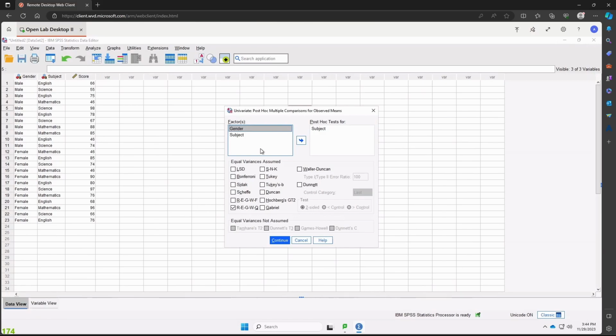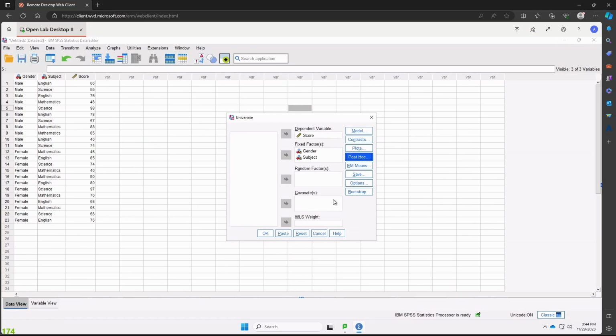So there is no need for a post hoc test for gender, but for subject, we can click in here, select subject, and choose REGWQ for this post hoc, because when sample sizes are similar, this post hoc test offers good control of type 1 errors and also good power for the ability to detect a difference when it is there.